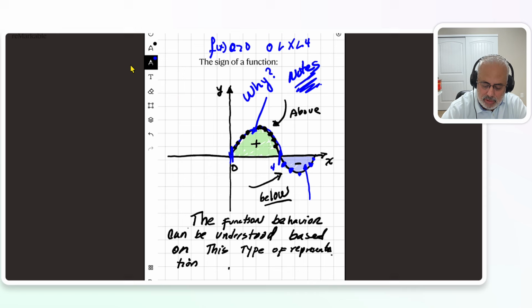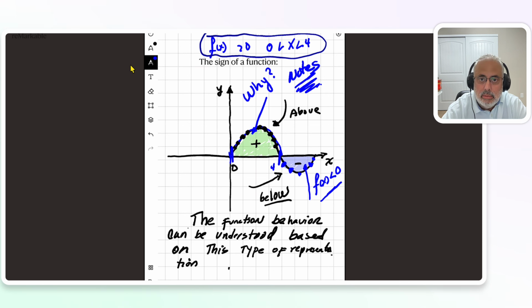Okay, it's positive. And in the other interval, the function is negative. So then you introduce notation, but you cannot introduce notation without visualization, without listening, without seeing, without acting, without writing.